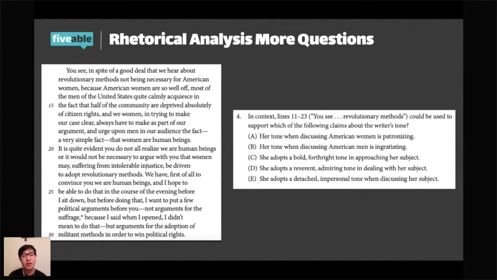That's where vocabulary comes in very handy, because if you don't know what reverent means, or impersonal or detached, or patronizing or ingratiating, you won't really know. In this case, it's very bold when approaching her subject. She's not patronizing women, not talking down to them. She's not detached or admiring, or reverent, like praying to a god almost. It's none of that. All right, next question.